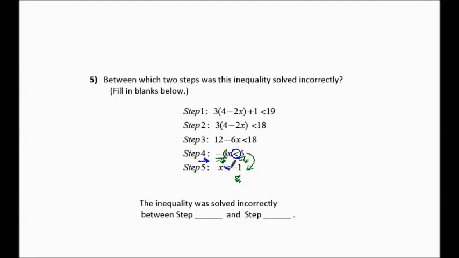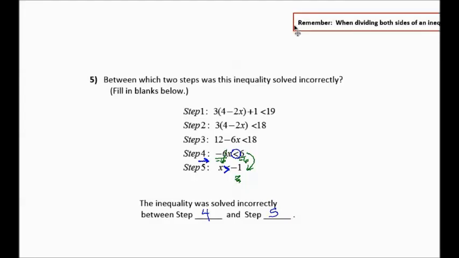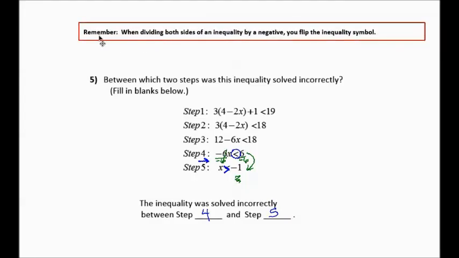It should have been this way. So their mistake is here between steps 4 and 5. And that information is shown in your notes. Remember, when dividing both sides of an inequality by a negative, you flip the inequality symbol.